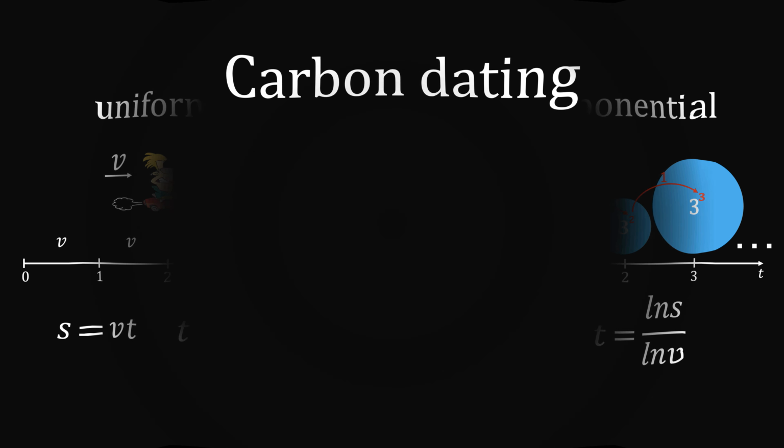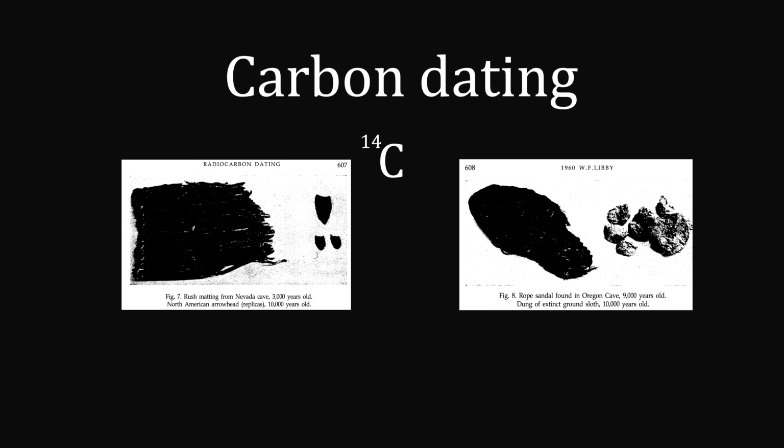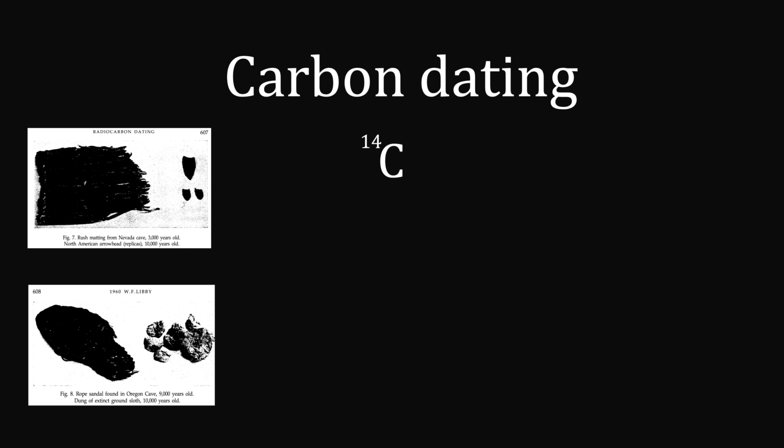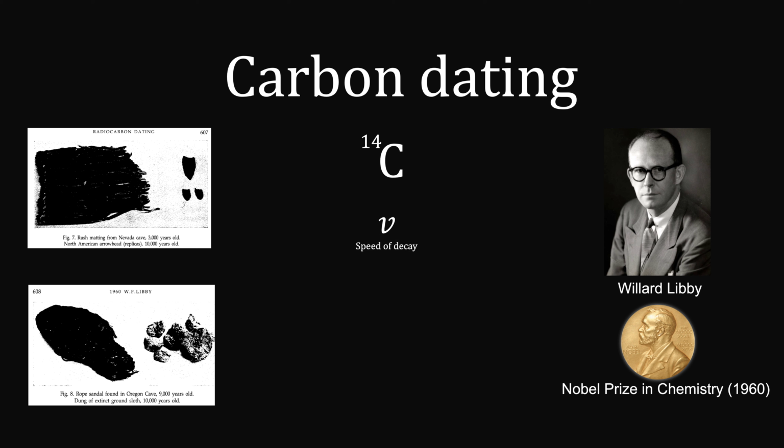A real-life application is the carbon dating technique, where the amount of carbon-14 is used to date artifacts. It's invented by the American chemist Wheeler Libby. He won the Nobel Prize in 1960 for that. Simply speaking, these artifacts have carbon-14 atoms, which will decay over time. You can measure the speed of decay.